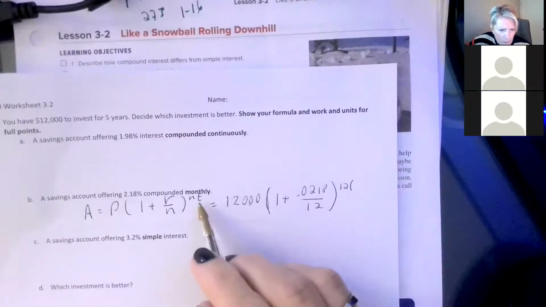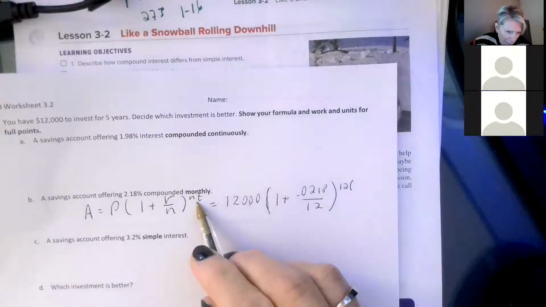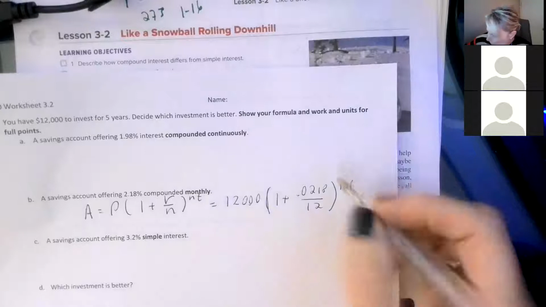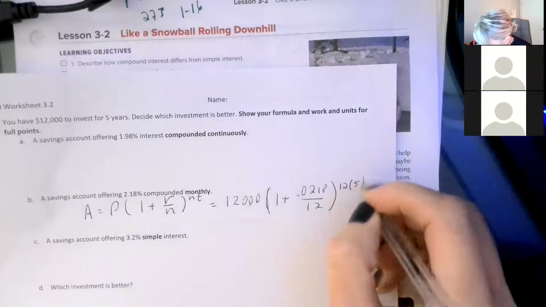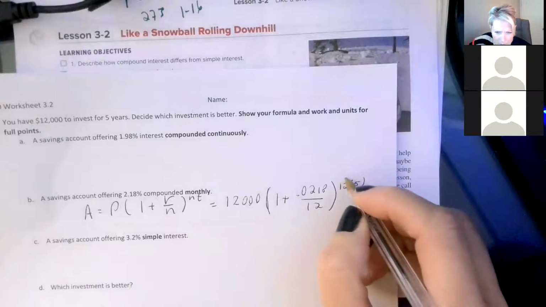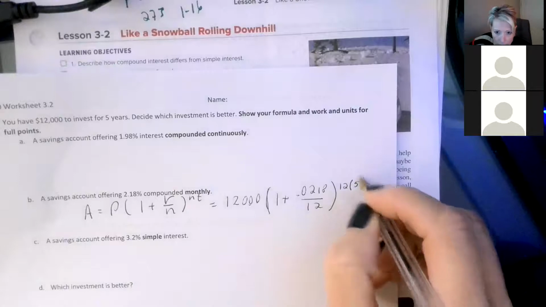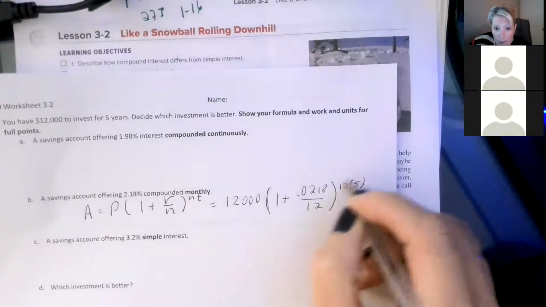What does t represent? Time. So how long are we leaving our investment in there? Oh, 5 years still? Yep. Okay, so do I do that times 5 or do I have to do that by the month? Yeah, so that's going to get multiplied.